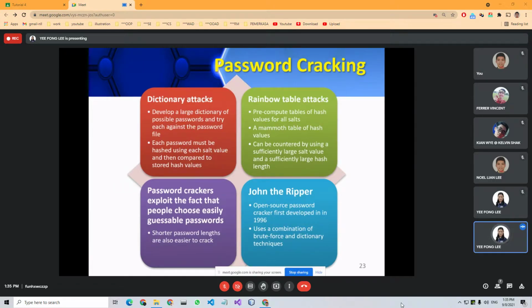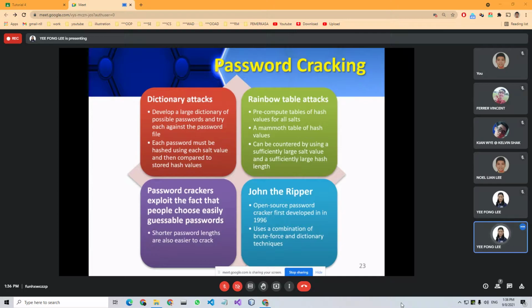So four types here. The traditional approach to password guessing, or sometimes we call it password cracking. Most of the time, the attacker has a large dictionary, a list of dictionary words, all possible combinations of passwords, and they try each of these against their password file.